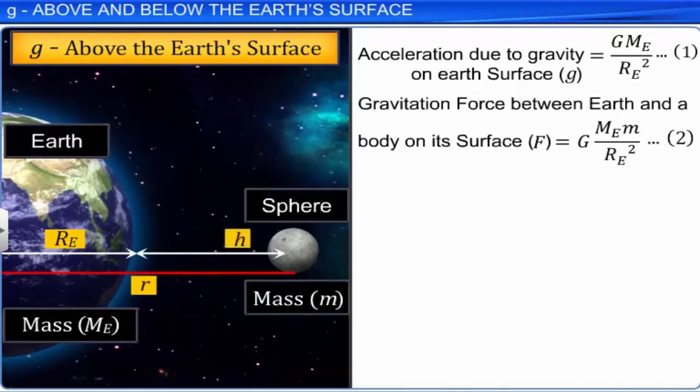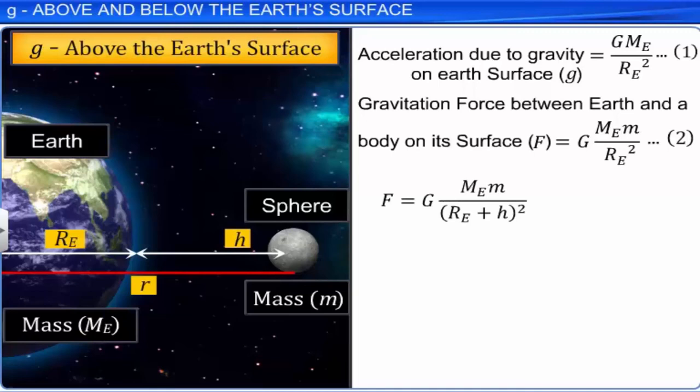The body placed at a given height experiences the gravitational force due to the Earth. It is represented in equation 3. F equals G Me into m divided by square of Re plus h.